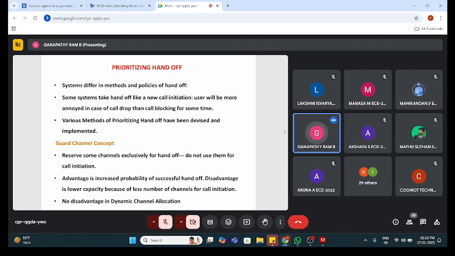At that time, if a new base station is providing sufficient signal strength larger than the existing base station, then the handoff may be initiated. At that time, the handoff should be prioritized. This kind of scenario may occur frequently.